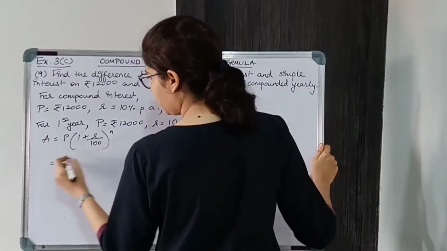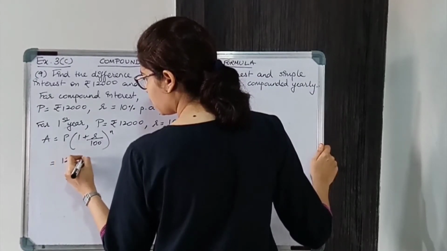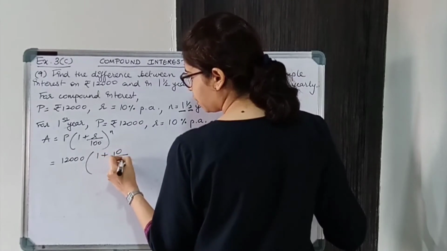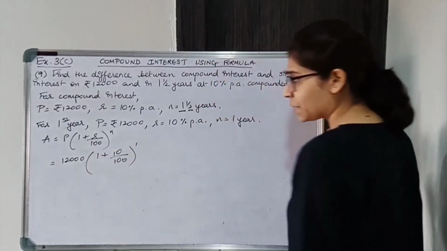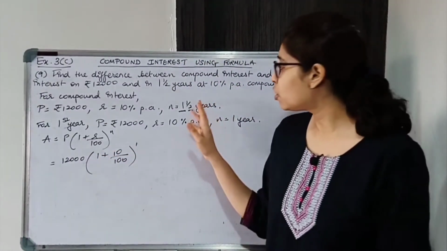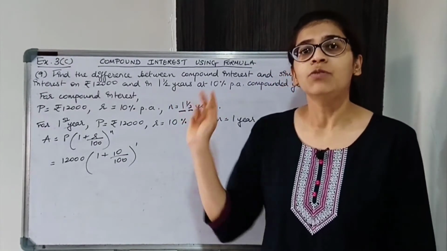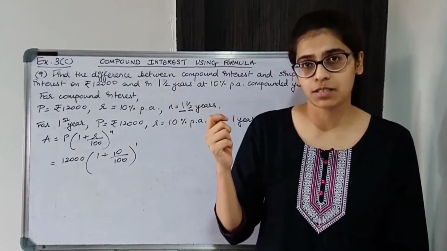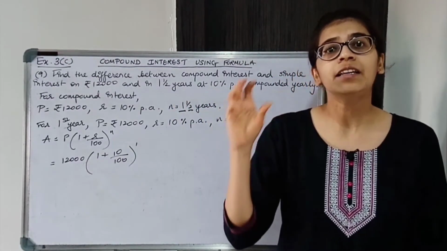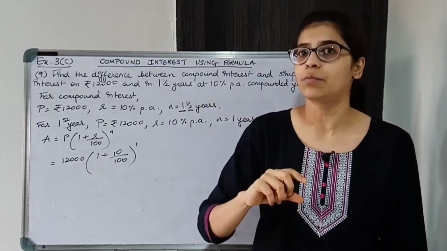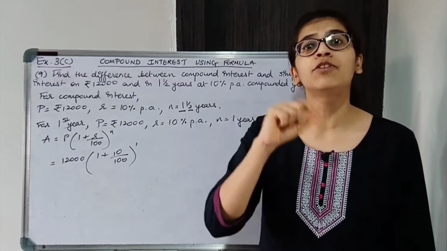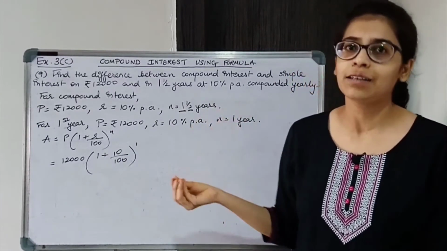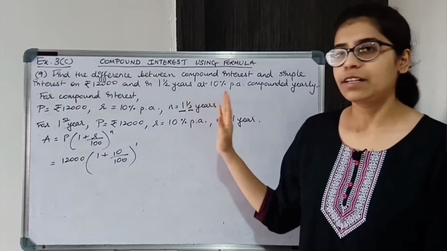So it will be 12,000 into 1 plus 10 upon 100 raised to 1. Now students, whenever n is given in fraction form, you cannot find compound interest directly. You have to find the amount in two parts. First find the amount and then find compound interest. You cannot use the formula CI is equal to A minus P and directly find it because the amount will not be directly available. You have to find it in parts.